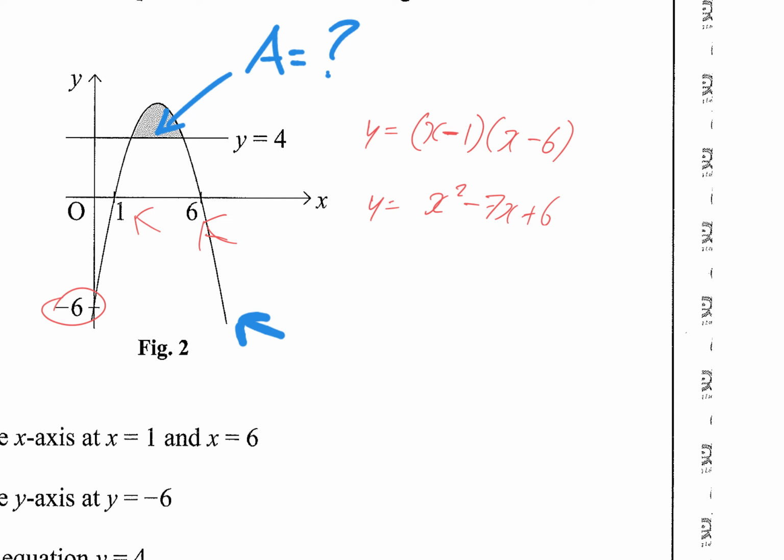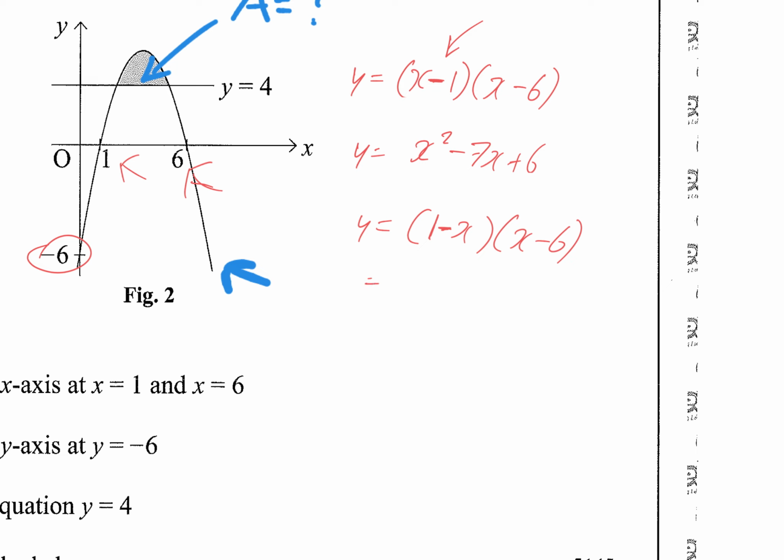So if we just change one of those, multiply one of those by minus 1, we'll change this one, that'll be 1 minus x, and then times x minus 6.